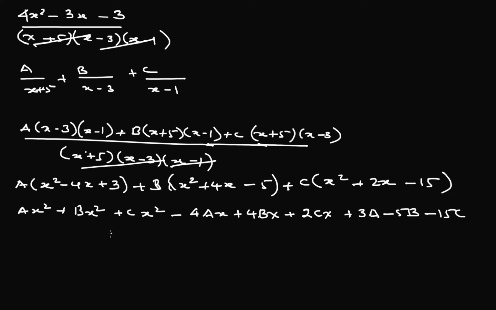Okay, so now we can factorize. Here we're going to have A plus B plus C, okay, like that, x squared. Then we can have minus if we want. Shouldn't really matter, so I'll keep minus here.